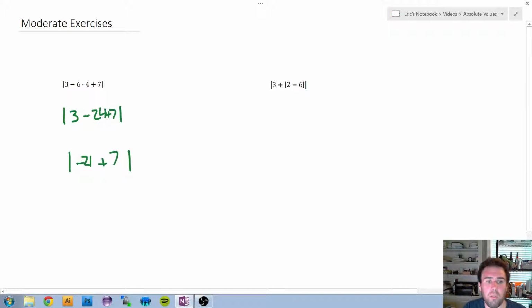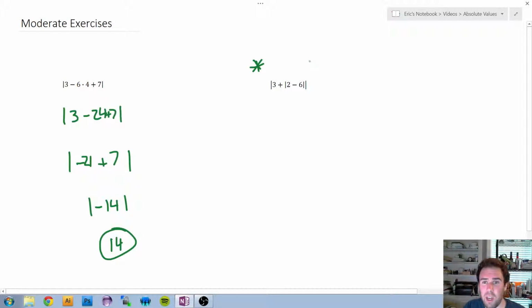Still got plus 7. And if you were to take negative 21 plus 7, you would get negative 14, still inside the absolute values. But absolute value says how far away is this number from 0, and it turned into a positive 14.